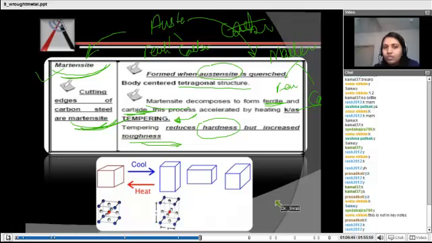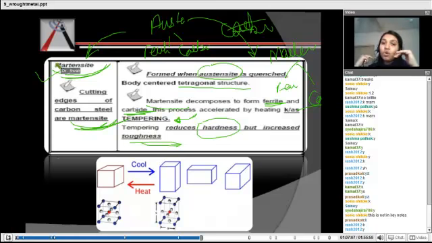A little confusing though, but hopefully you have gathered a few pieces of information out of these two slides. That we have three phases, the ferrite, the austenite and the martensite. Austenite phase exists at a particular temperature, but when we cool it, we get martensite phase, right?